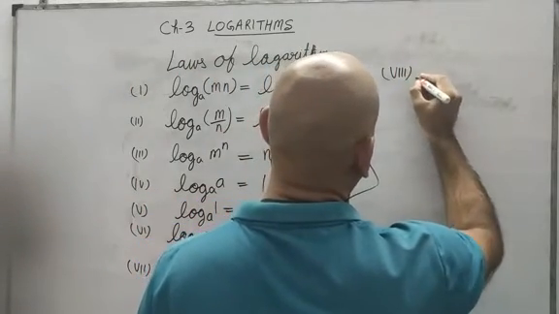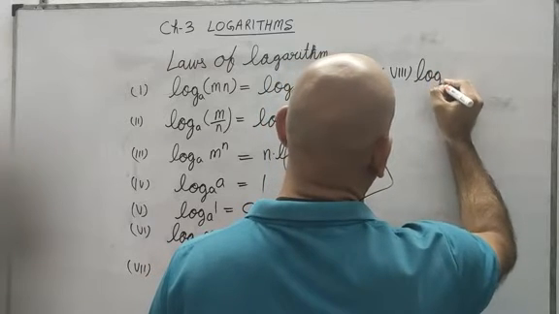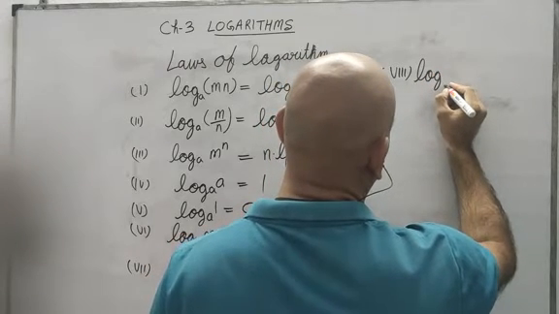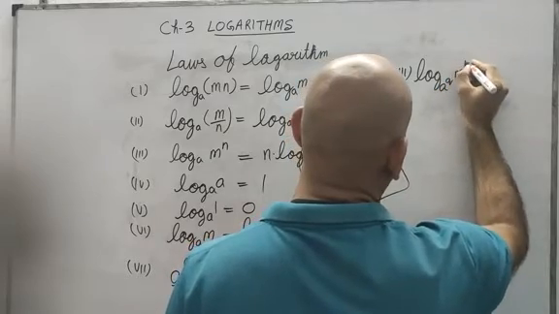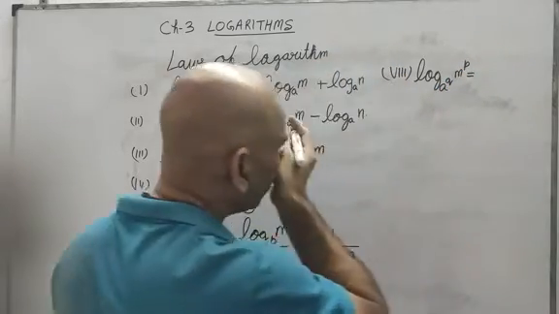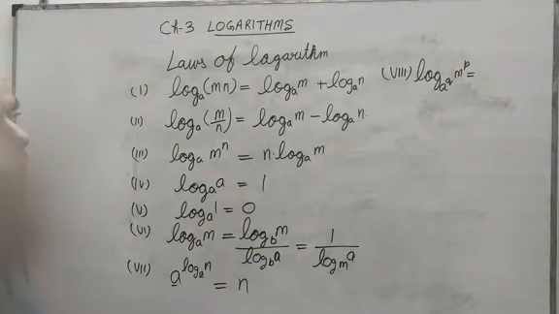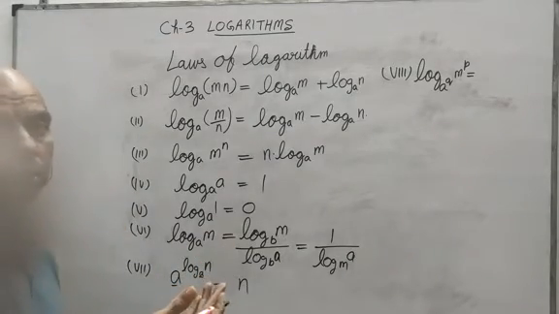And the 8th one. What is the 8th saying? That log of m to the power P with base A to the power Q. The base is also having a power and that number is also having a power.